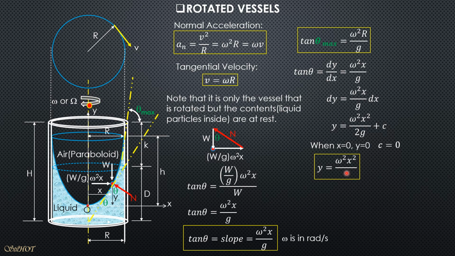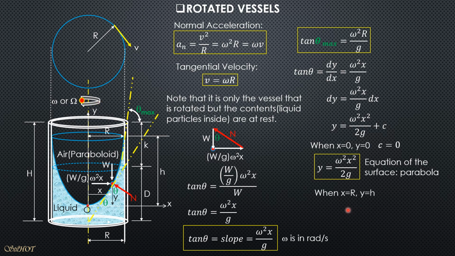This is the equation of this surface, which is a second degree curve, and because this is constant, this is a parabola. And because this is a solid, this is a paraboloid of revolution, but the plane section is a parabola. So that's it. We have shown that this resulting surface is a parabola.